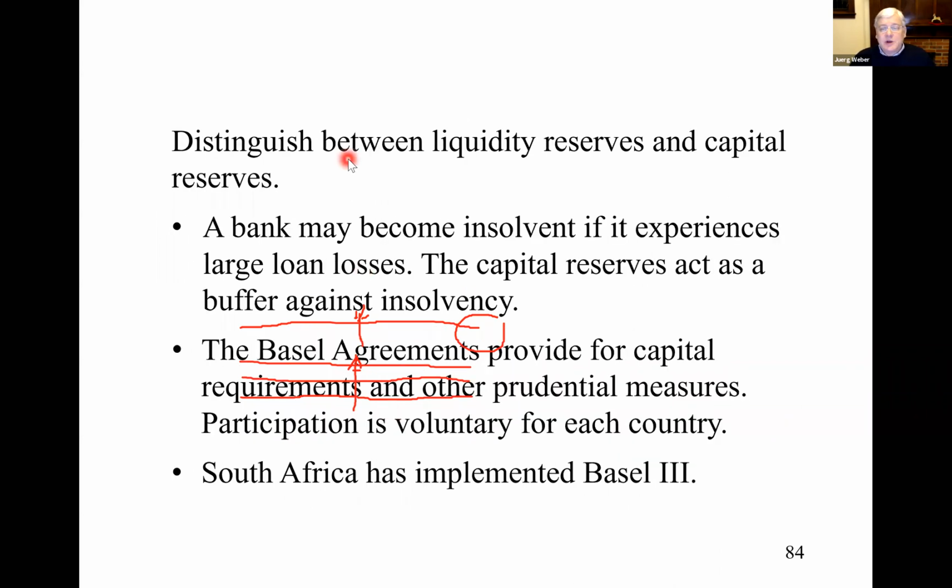So distinguish between liquidity reserves, which are held against unusually large withdrawals of deposits, and capital reserves, which are held against loan losses when people default on their mortgages and firms default on their commercial loans.